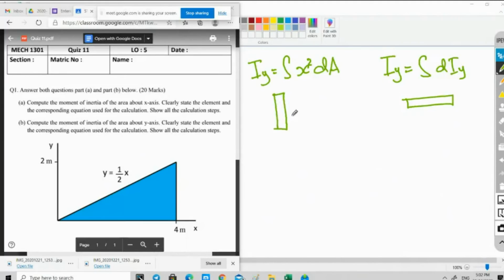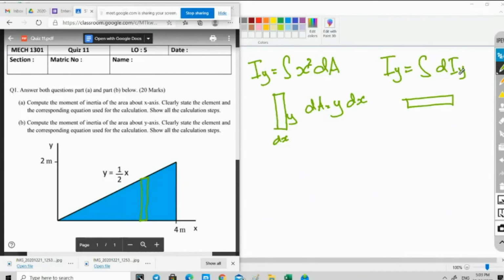So if you take a vertical element, it becomes like this. That's the easier one, in terms of the area attached to the x-axis. And in this case, you'll get dx and y. So in that case, dA is simply y dx.